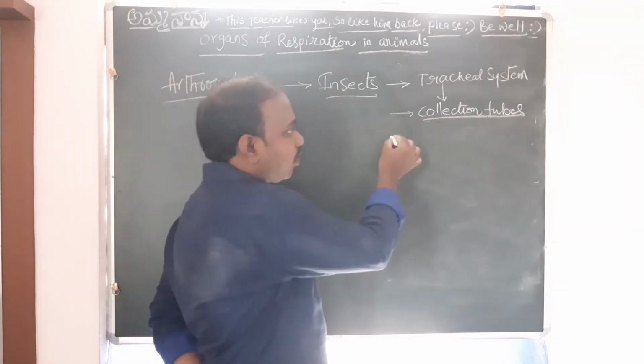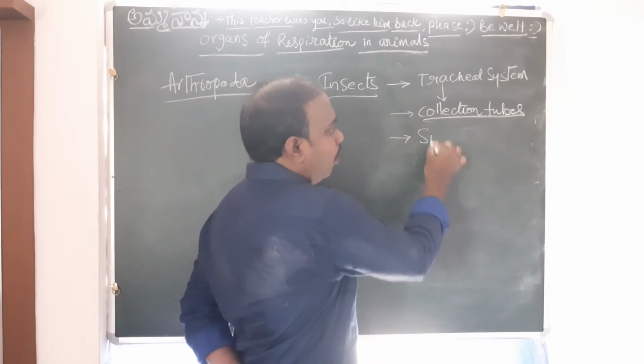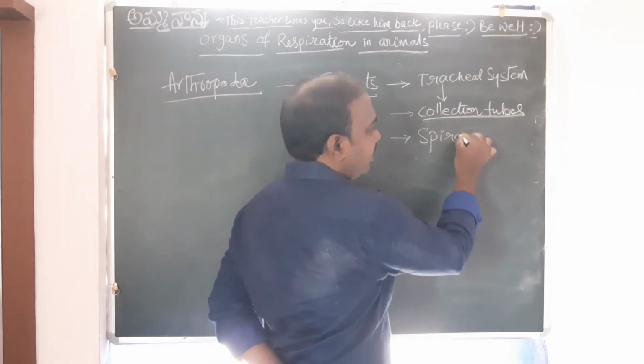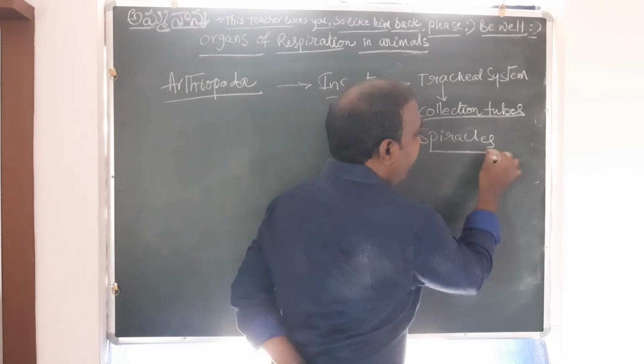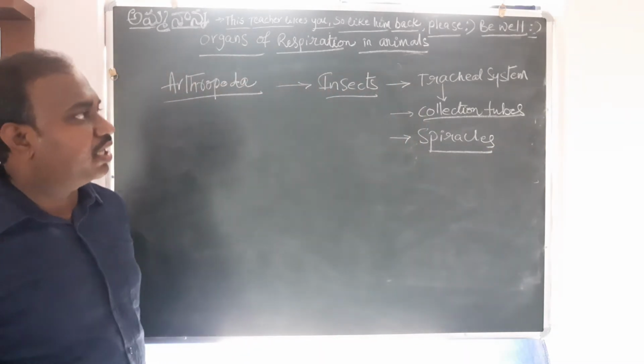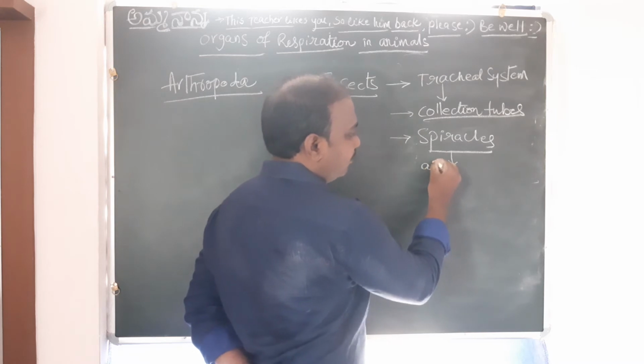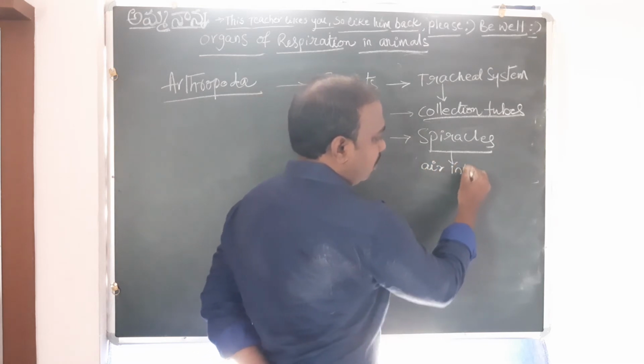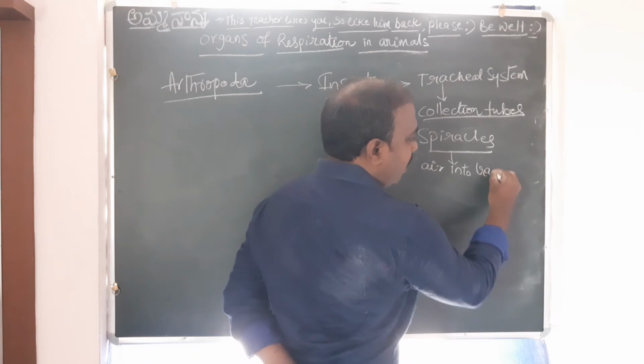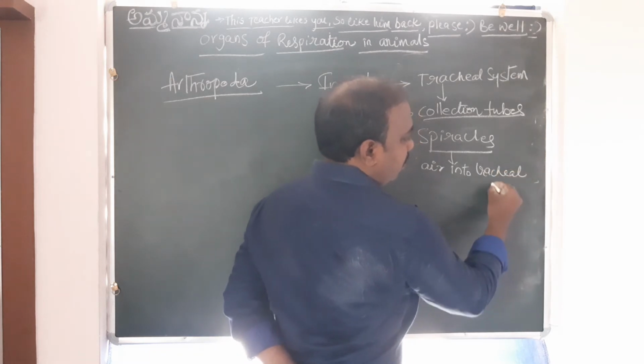And in here, we have an external opening called spiracles, and these spiracles allow the air into the tracheal tubes.